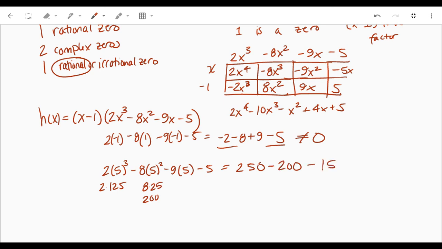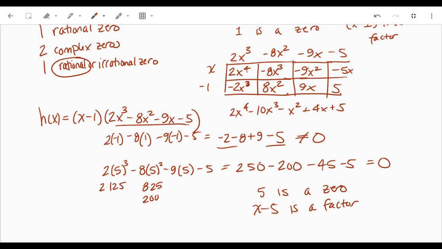Minus 45 minus 5. And hey, that works. 250 minus 200 is 50. Minus 45 minus 5, that's 0. Okay, so 5 is a 0, which means x minus 5 is a factor.